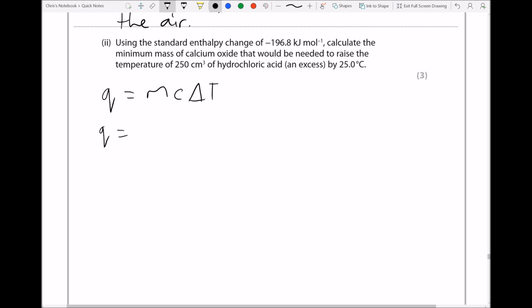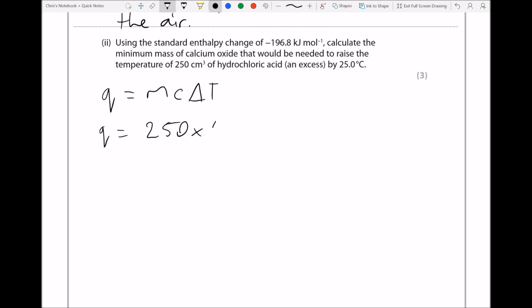Q is just energy, it's the symbol we use. It's handy that they use letters that match what we're working out. So 250 centimeters cubed is like mass, we can say that's 250 grams, as we assume the density is 1 gram per centimeter cubed.